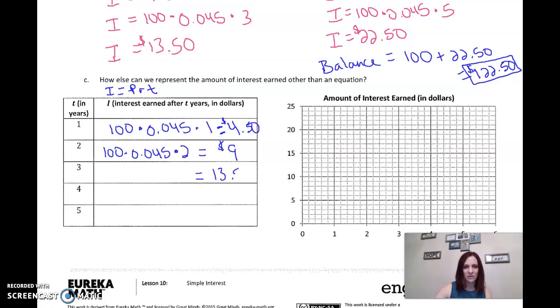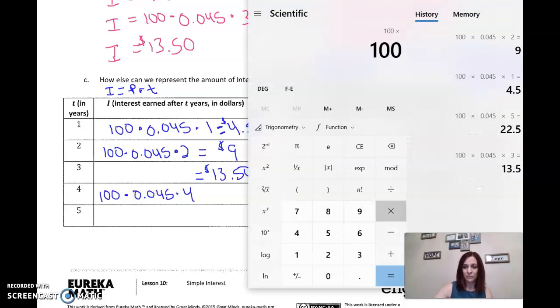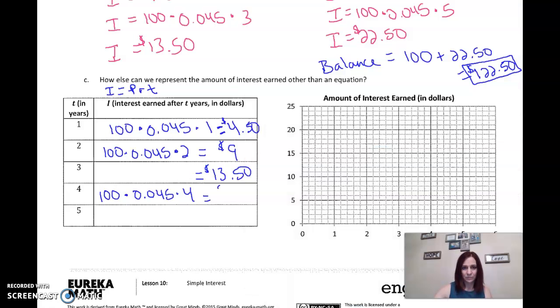That's $13.50. After 4 years, we take our principal times our rate times our number of years. 18. And after 5 years. Well, we did that one too already, didn't we? Right here, $22.50.